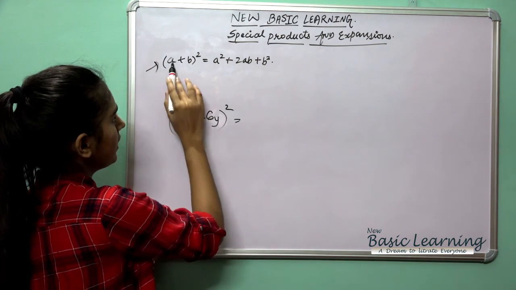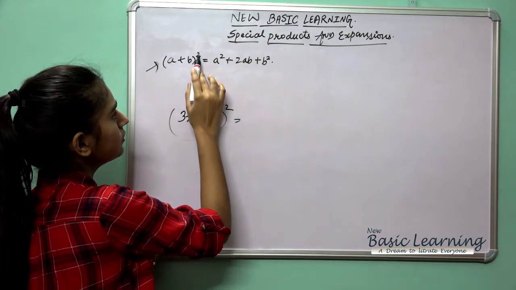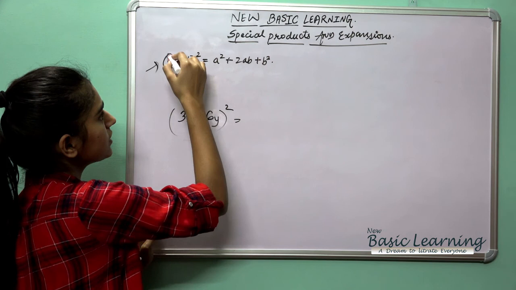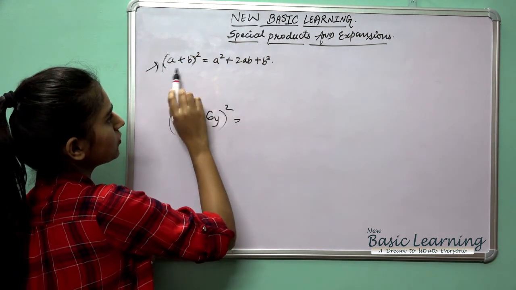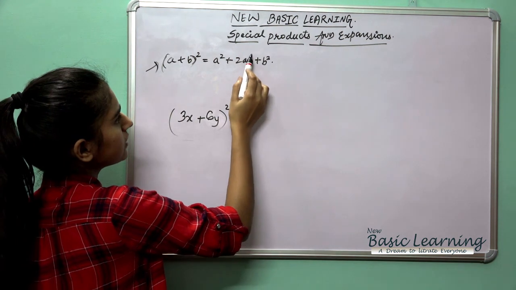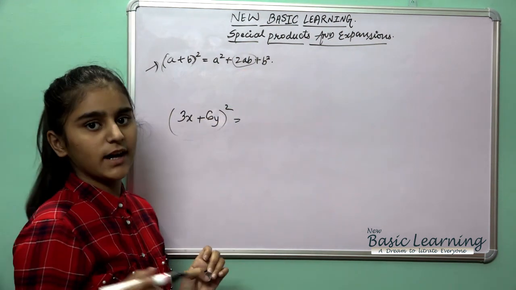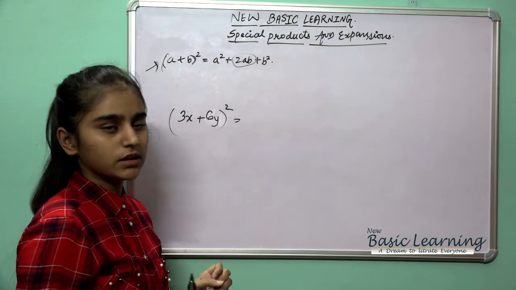Since it was the whole square, a into a gives you a square and b into b gives you b square, and here we have 2 into ab, that is 2 into a into b.